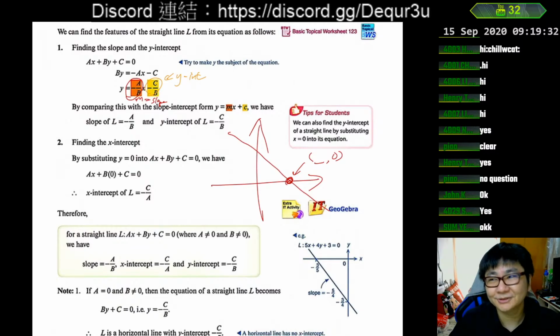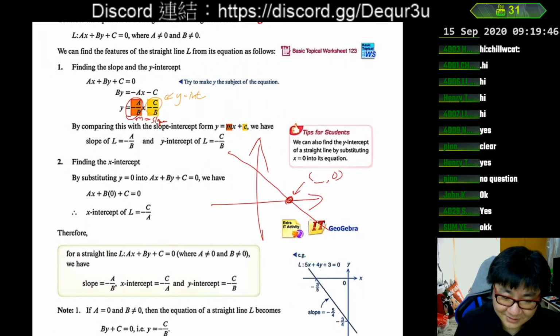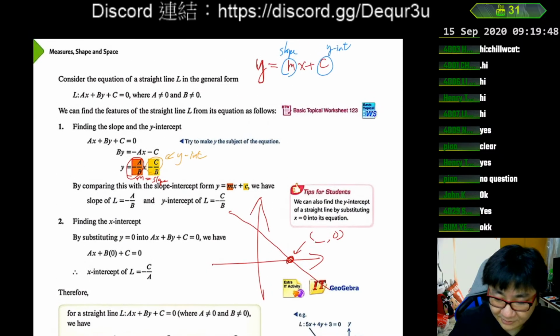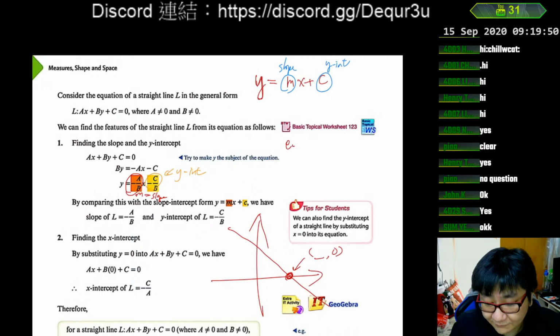However, I usually do not suggest students to remember this, because you don't need to. For example, I just make up some numbers: 4x minus 5y minus 20 equal to 0.